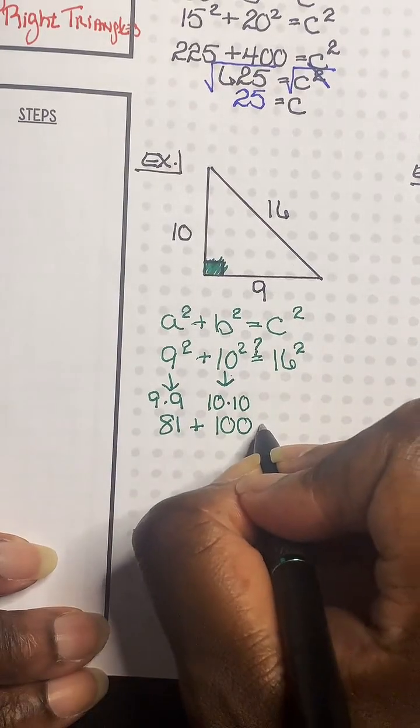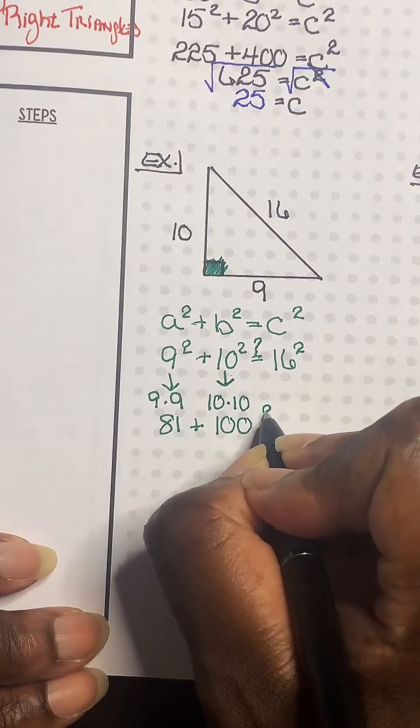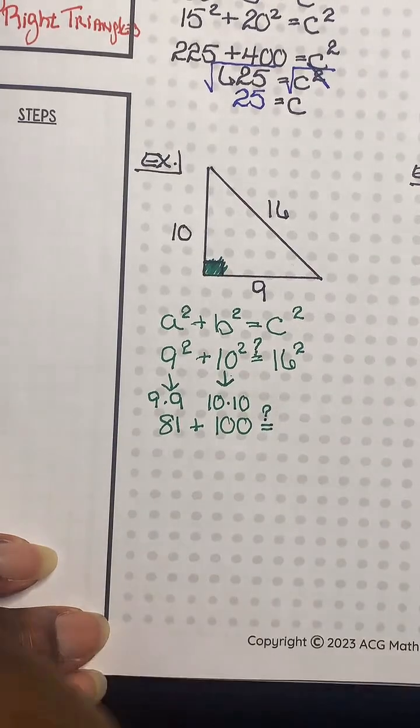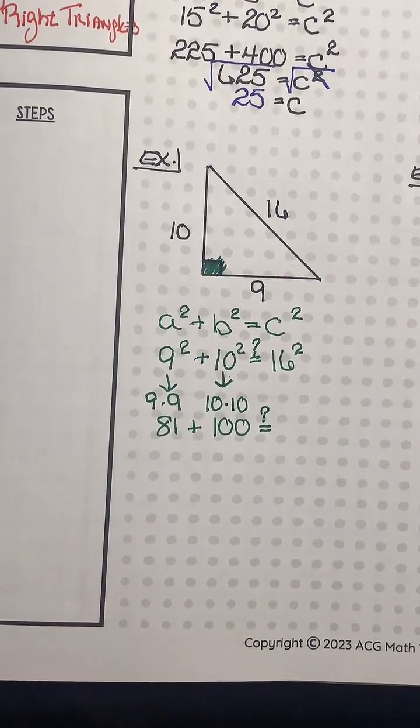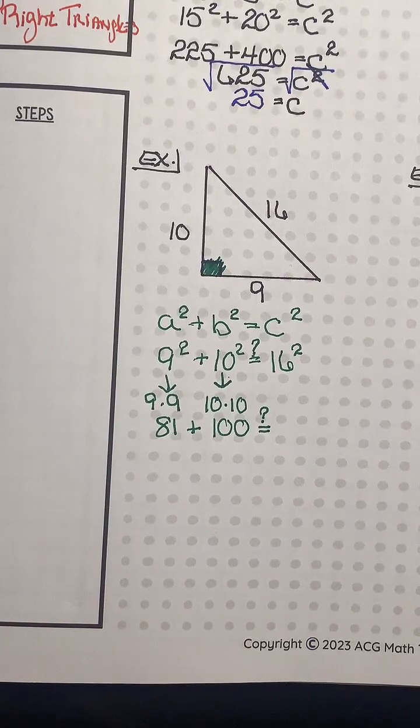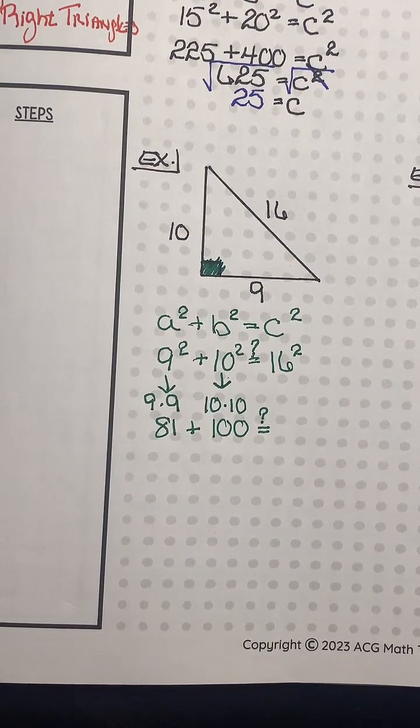Now, here's the tricky one. What's 16 squared? And don't say 32. Okay, good. I'm seeing 256s from a lot of you. Good job, 256.